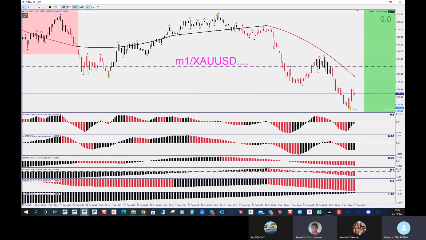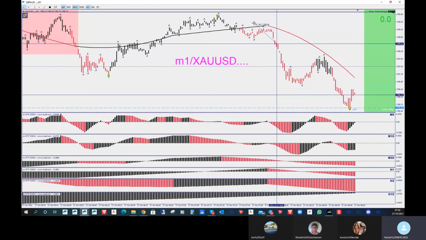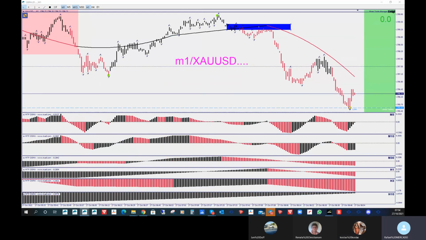So maybe if I enter late here, I can set my stop loss a little closer at this area because I have all those fractals at that point. I don't know if I'm using this too. Okay, good.